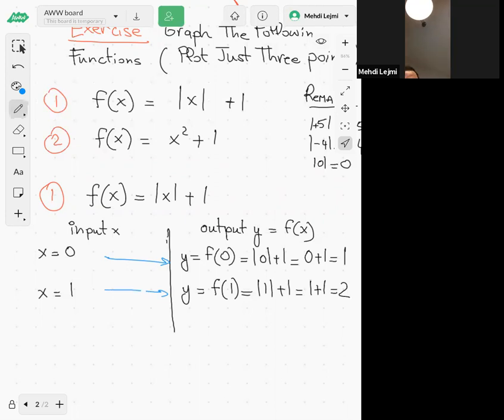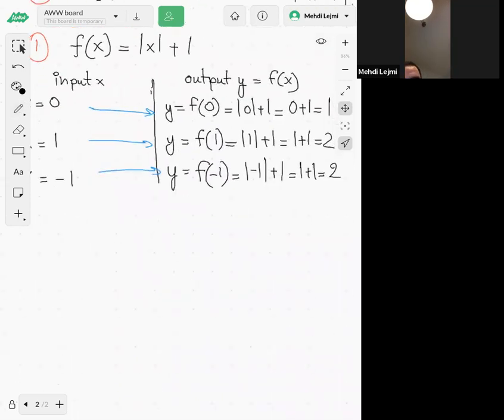And finally, let's take x equal to negative 1. Then my output y, which is f of negative 1, will be absolute value of negative 1 plus positive 1. The absolute value of a negative number is the opposite, so that will be positive 1 plus 1, which is positive 2 again. So here I have 3 points that I can plot.